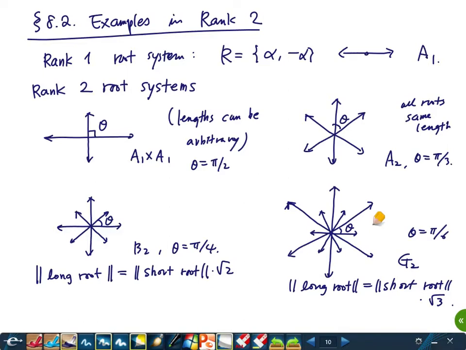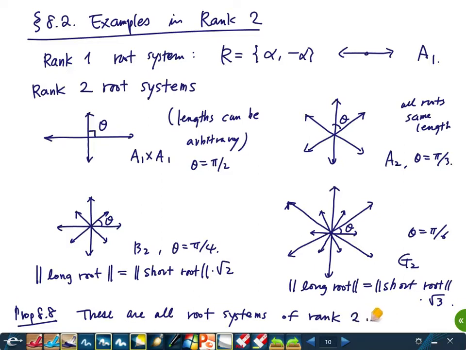And the proposition is that these are all possible root systems in rank 2. Let's just say these are all root systems of rank 2, of course up to isomorphism.